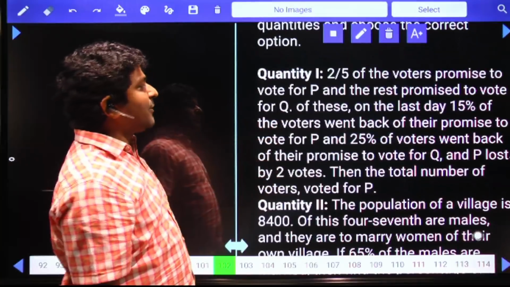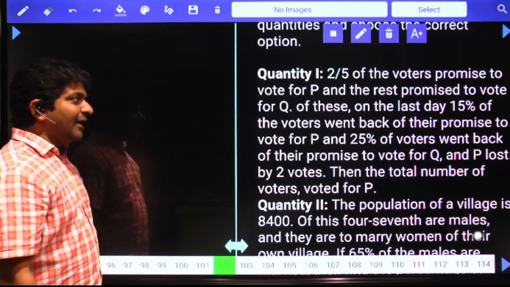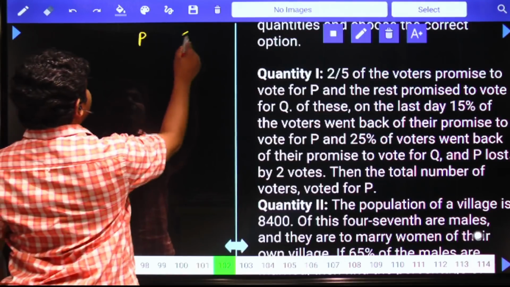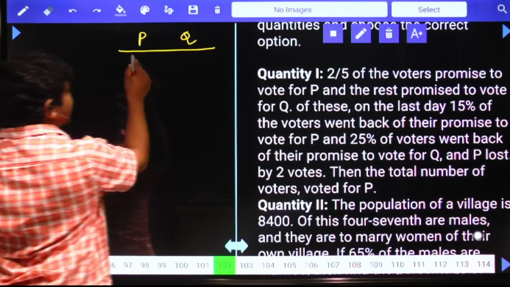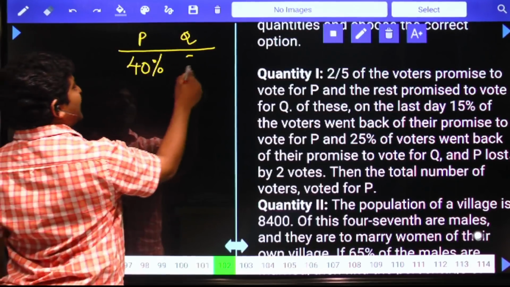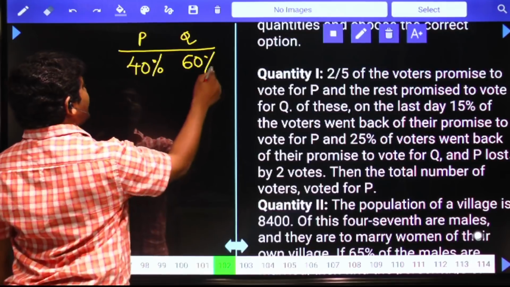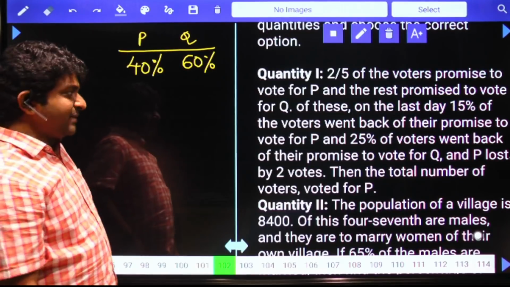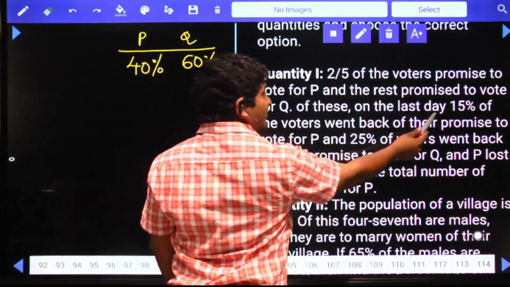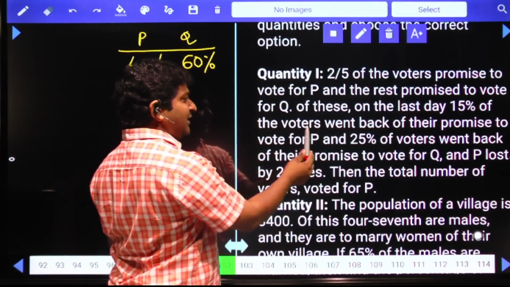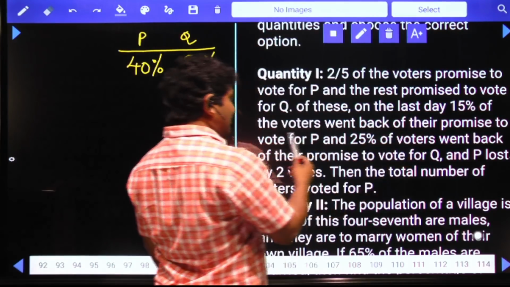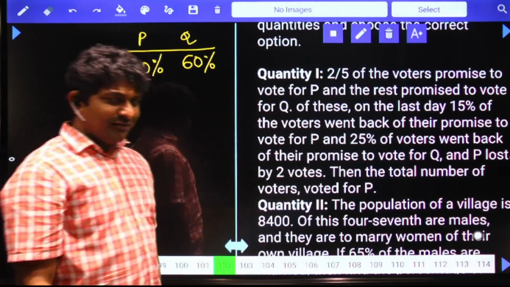2/5 of voters promise to vote for P and the rest promise to vote for Q. So here we have two candidates, P and Q. 2/5 in the sense 40 percent promised to vote for P, the rest promised for Q. 40 percent and then 60 percent. Next, what happened? On the last day, 15 percent of the voters went back on their promises to vote for P. What is the meaning of this?